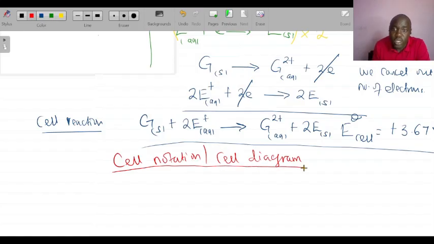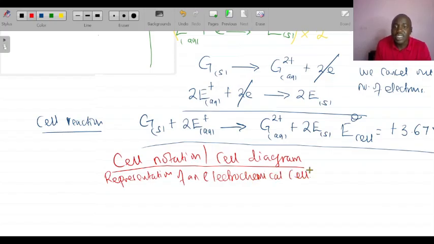So instead of drawing, you can represent. This is simply a representation of an electrochemical cell. Instead of drawing it, how would it appear if you are to just represent?